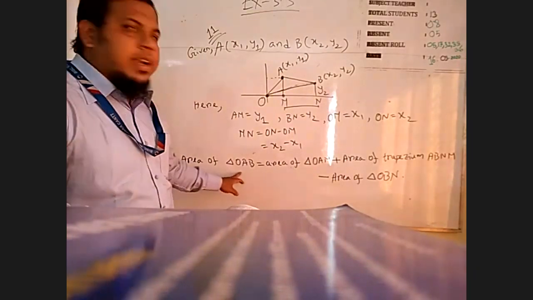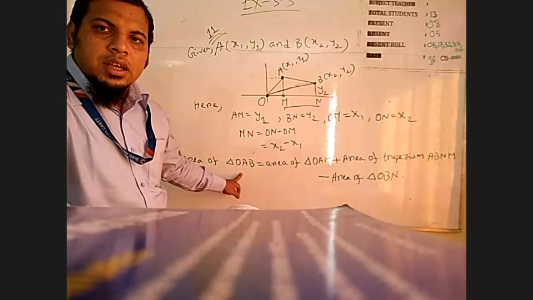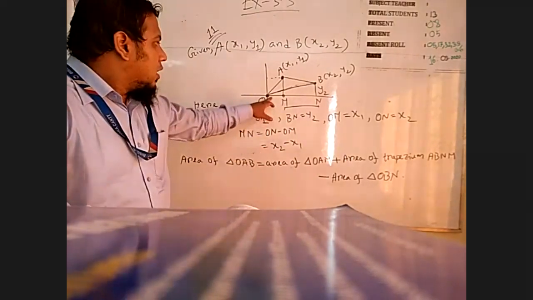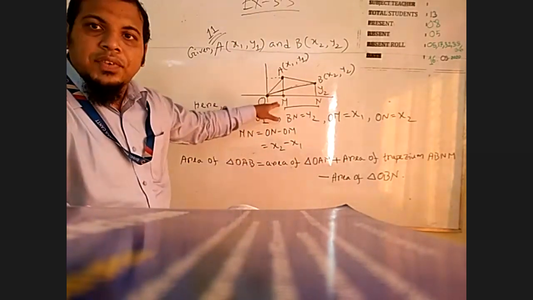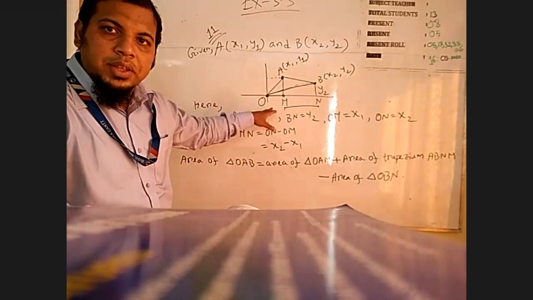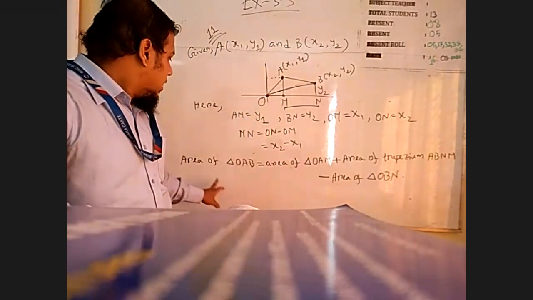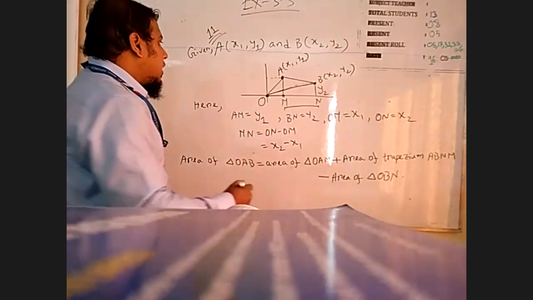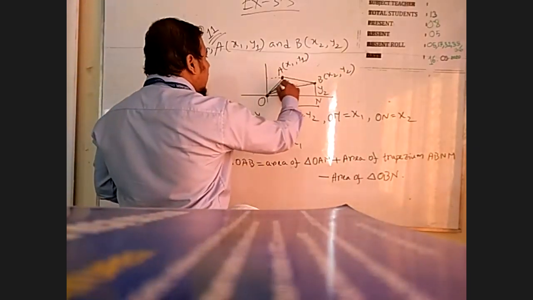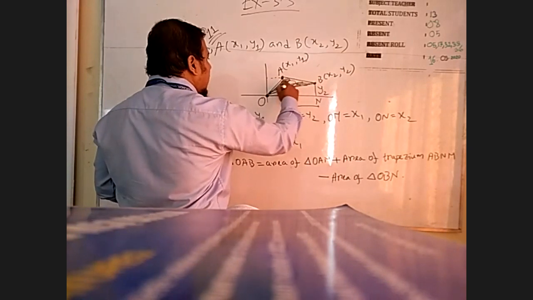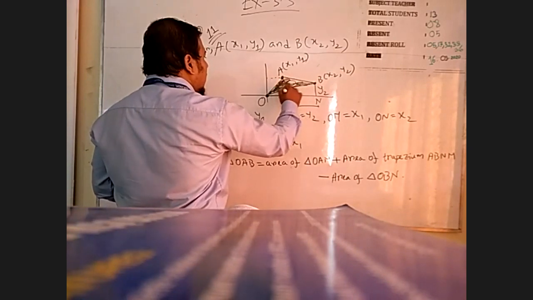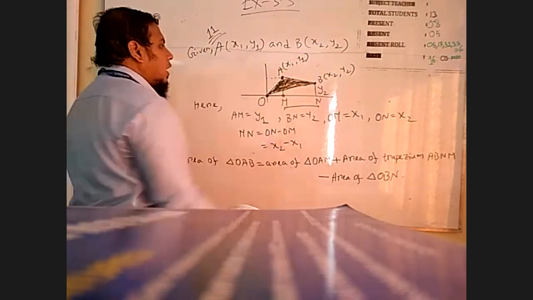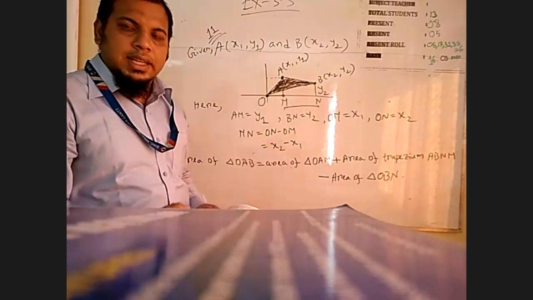Okay, area of triangle OAB. I write the sentence. Please, you have to match with the figure carefully. Area of triangle OAB. Okay, our main target is to find out the area of this triangle OAB.